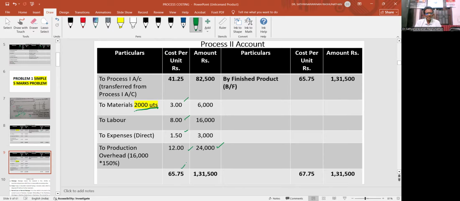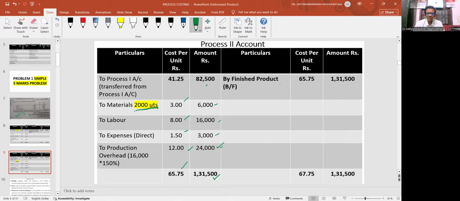65 rupees 75 paisa. And then if you add the amount column, 22,500 plus 6,000 plus 16,000 plus 3,000 plus 24,000 comes to 1,31,500. And then finally, process 2 account is the last stage, the last process, right? So whatever output you have arrived at in the process 2 account has to be transferred to the finished product account, or finished stock account, or finished goods account, whatever it may be.